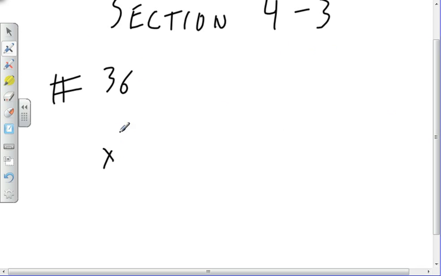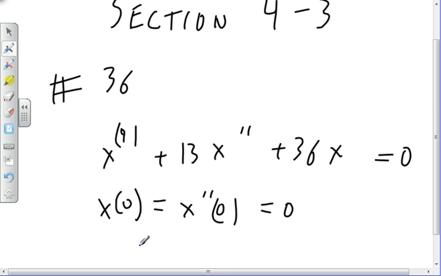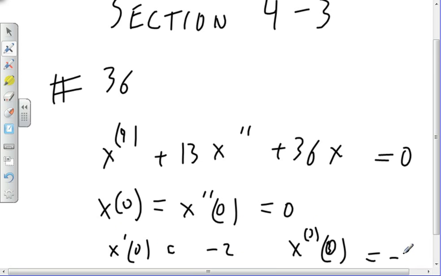So I've got the fourth derivative of x plus 13 times the second derivative of x, plus 36x is 0, and I know that I have initial conditions: x at 0 and x double prime at 0 are 0, x prime at 0 is minus 2, and x triple prime at 0 is minus 13.